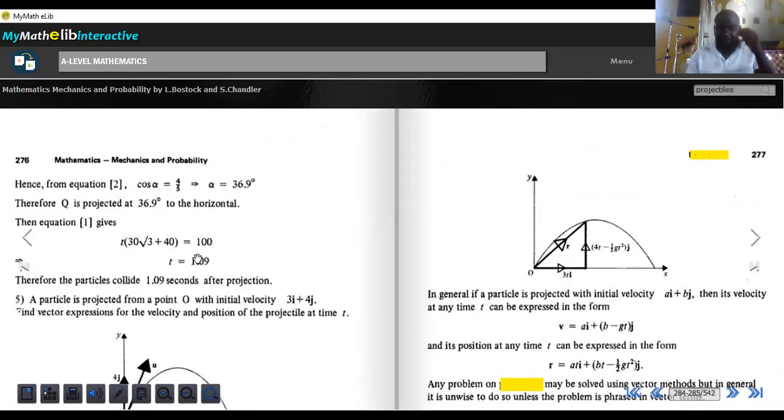Then the time, 10 divided by 7, what do you get? Do you get 1.09?